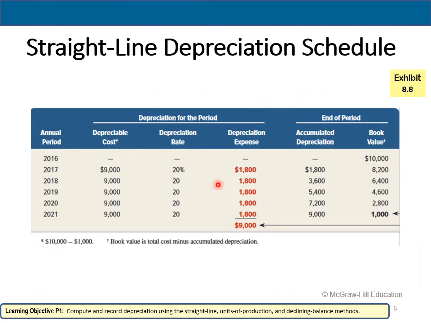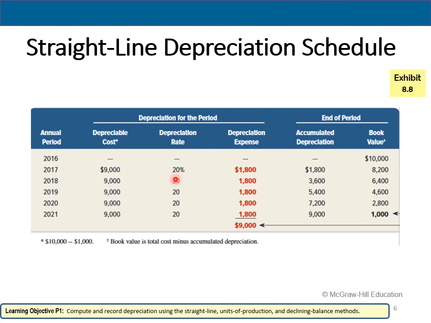Here's a depreciation table. We'll be creating some depreciation tables. The ones for straight line are relatively easy. So you have a column for your depreciable cost. I believe this asset was acquired at the end of the year, which is why there's no depreciation in 2016. In 2017, depreciable cost is, of course, the purchase price less the salvage value.